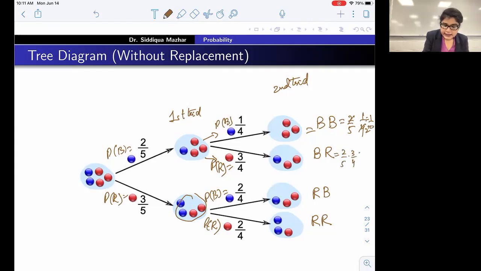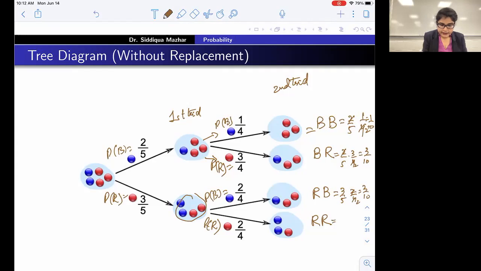So this is how much? If you simplify it, 3 by 10. Red, blue: the first experiment was 3 by 5, blue was 2 by 4. If you simplify it, this is giving you 3 by 10.